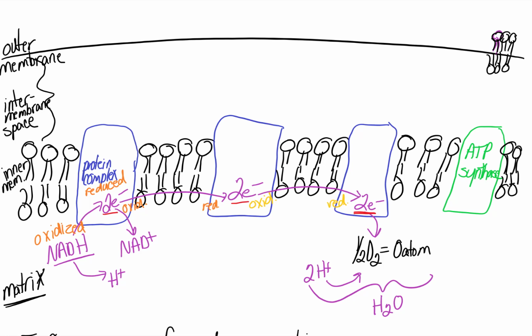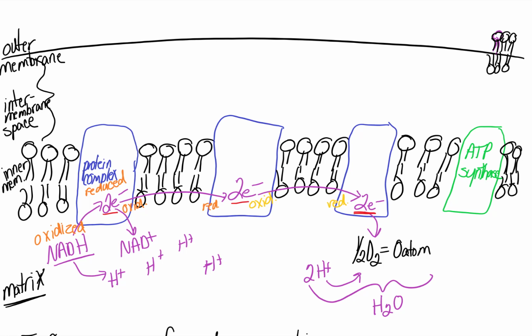Okay, now let's layer a little bit more information onto the electron transport chain. As I mentioned previously, as all of these reduced electron carriers come into the electron transport chain and drop off electrons, they are also dropping off hydrogen ions that they are carrying.